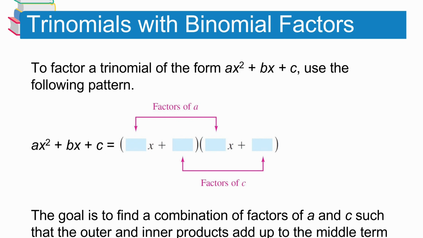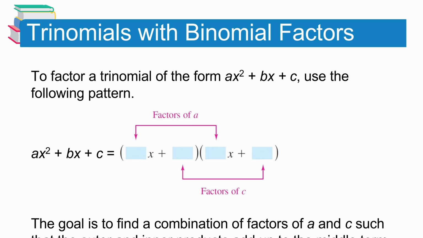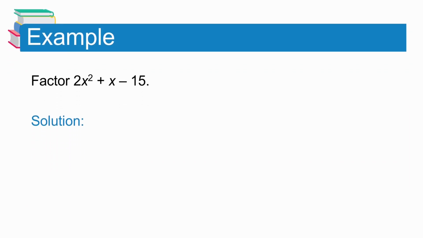And then what combinations of those with the A's that I already have will give me what I need to get that middle term of B. So now that we've talked about factoring a quadratic, let's actually work an example for this one.